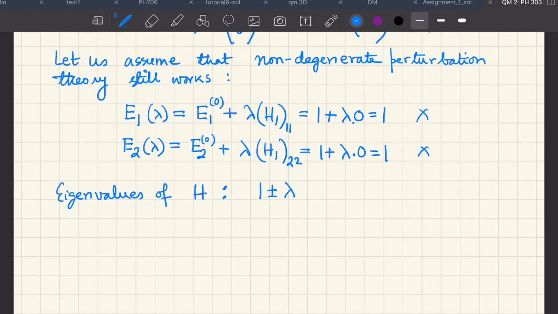In fact, there is also a problem with the state corrections. If you remember, so let me write: problem with state correction too.